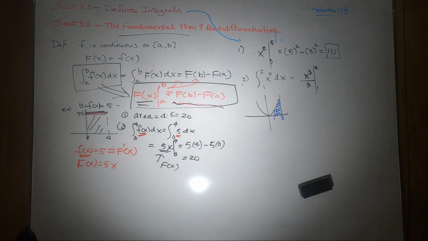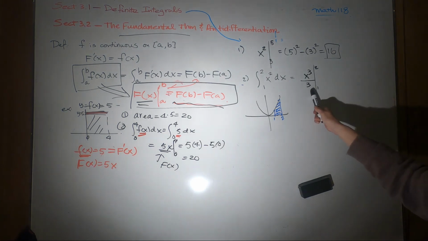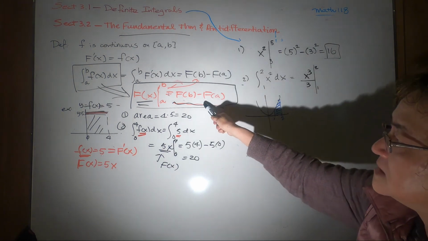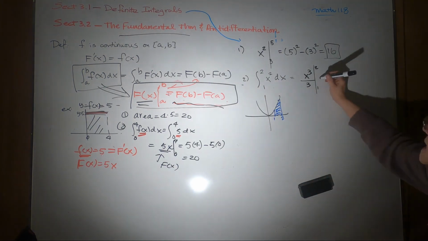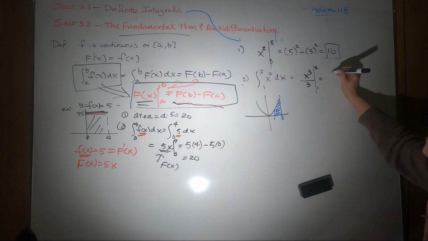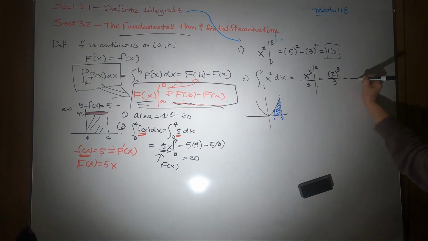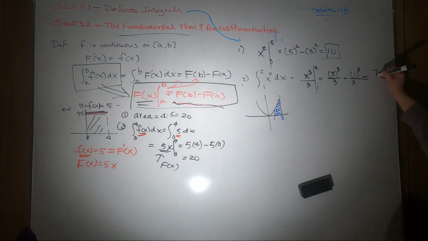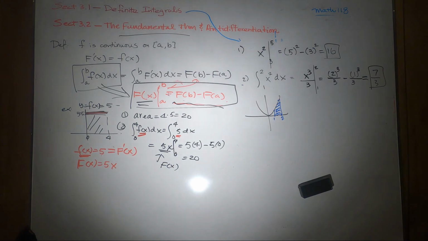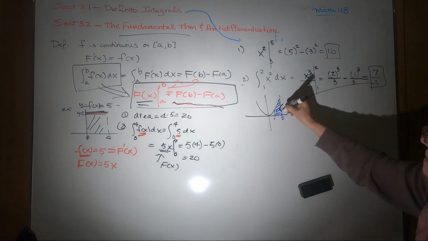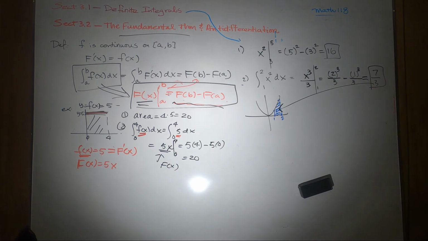Okay, then how do we calculate this? You plug in the values: 2 to the third power divided by 3 minus 1 to the third power divided by 3. Just do your math, and the result is 7/3. So 7/3 is the area under that curve.